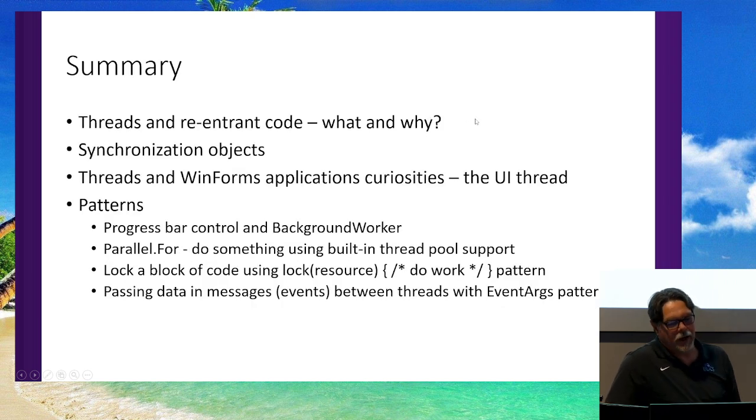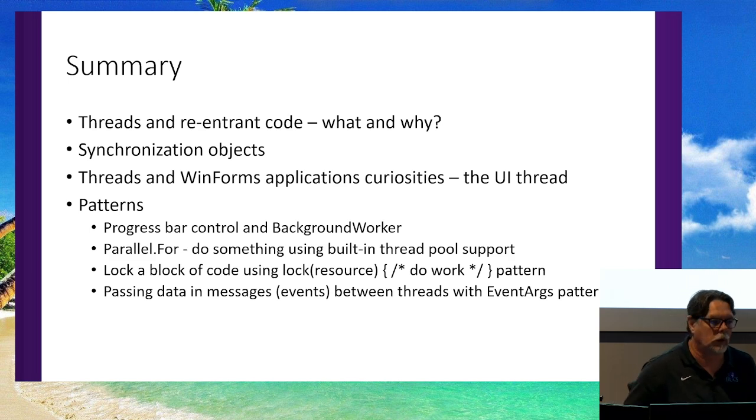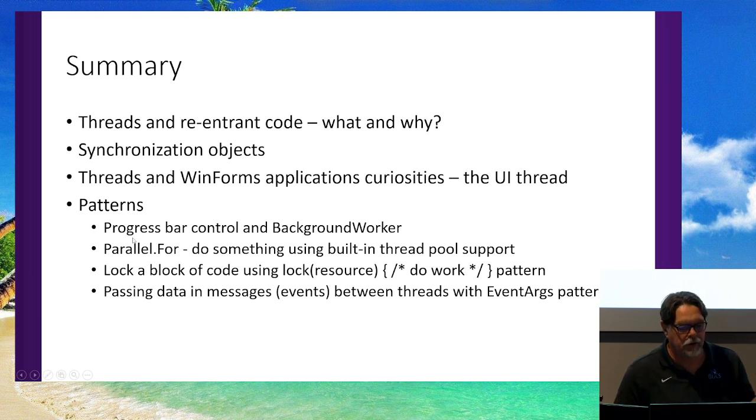And that's pretty much everything I wanted to cover here. After I shut this down, I'll show you where I'm at with my project, and that will be fun. But we've talked about reentrant code concepts, the 4 different kinds of synchronization objects, threading and WinForms application behavior, the idiosyncrasies of the UI thread, and a bunch of different patterns.